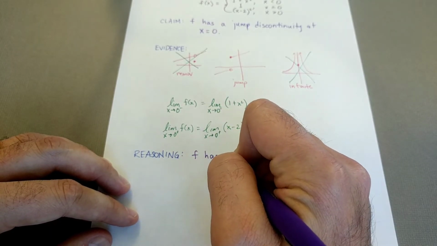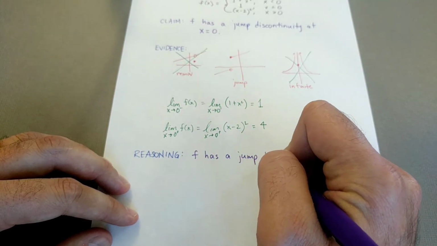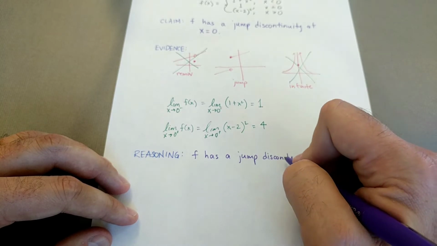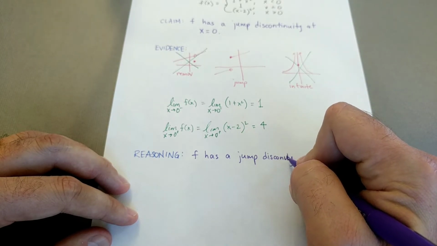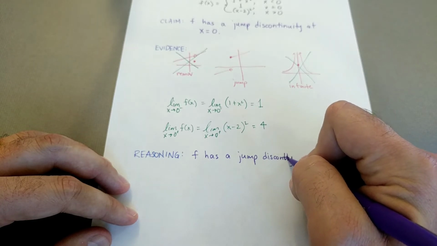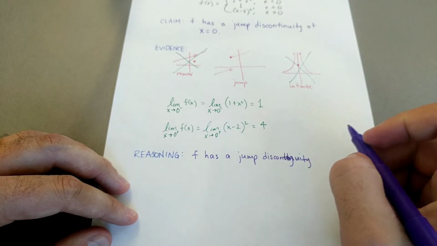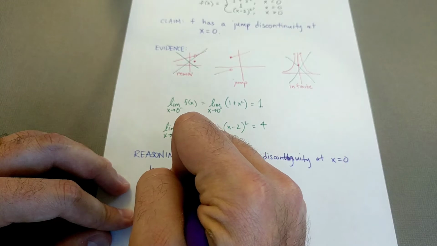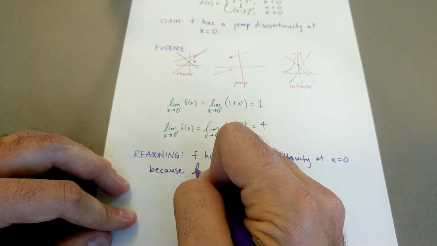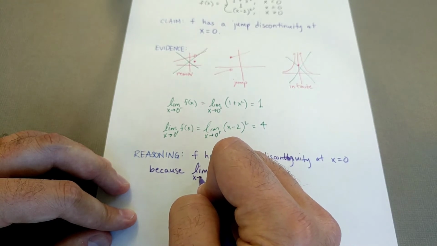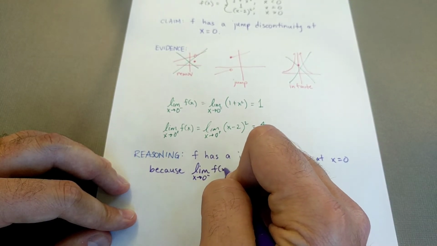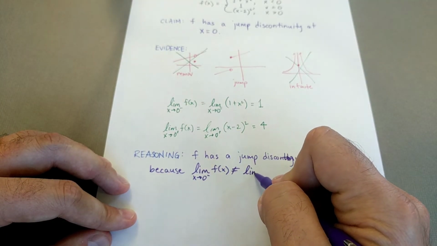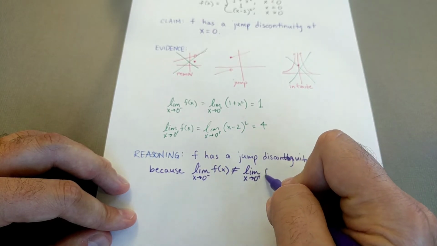F has a jump discontinuity at x equals 0 because the limit as x approaches 0 from the left of f of x does not equal the limit as x approaches 0 from the right of f of x.